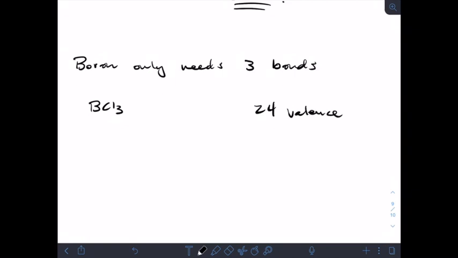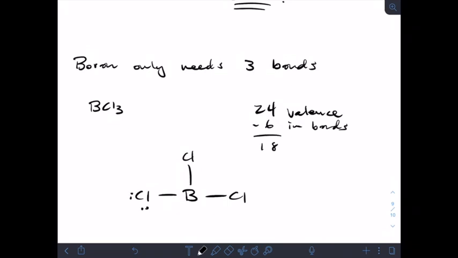It has 24 valence electrons. If I draw a structure, minus 6 in the bonds means there's 18. I fill my outside octets. That takes care of all my electrons. There's nothing left to put on the central atom.